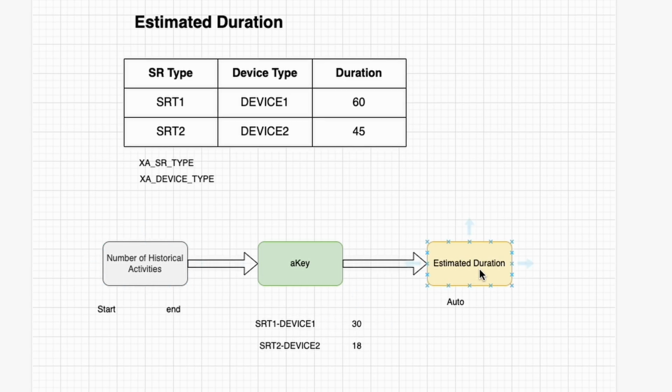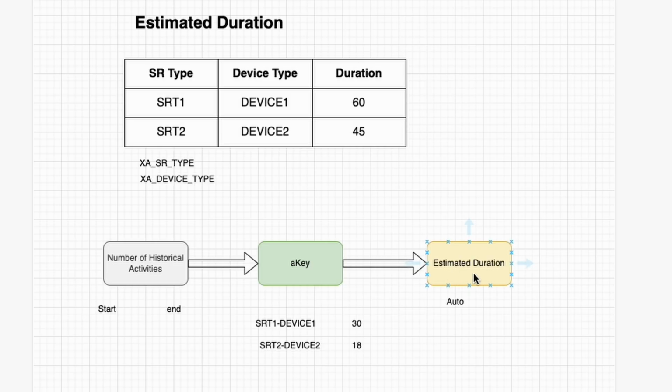So it will start populating estimated duration as 30 for SRT1 and device 1. Same way for SRT2 and device 2, Oracle Field Service has calculated estimated duration 18 based on historical data. So it will populate estimated duration on new activities as 18 for this combination.